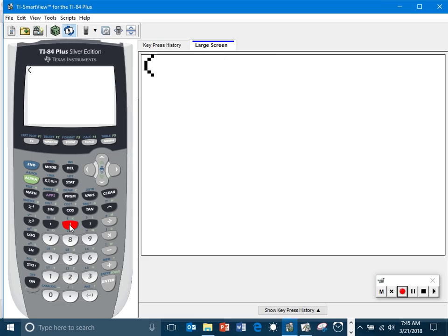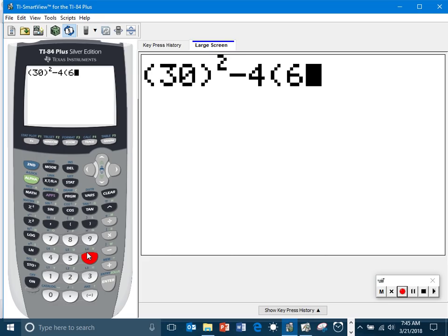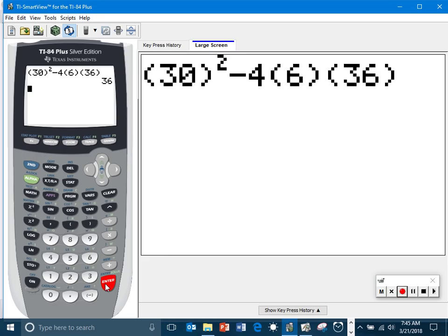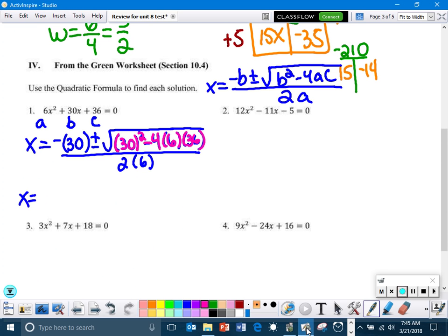Please use parentheses. Again, this is the discriminant. We got a positive answer. Positive, remember, means there's 2 solutions. So that becomes a 36.